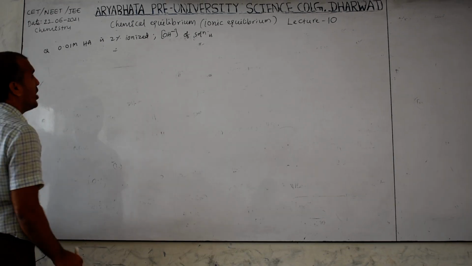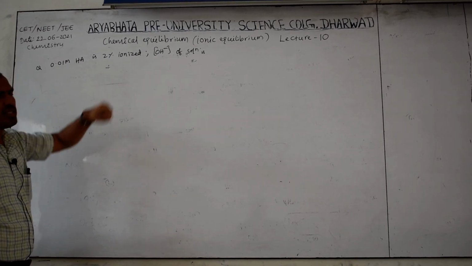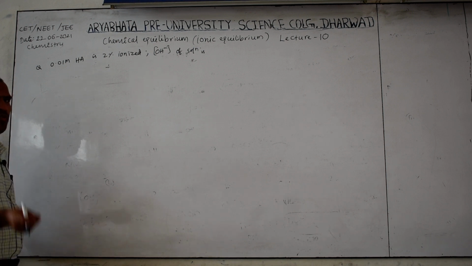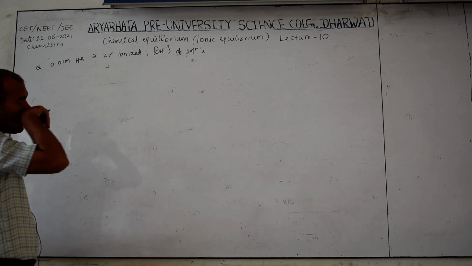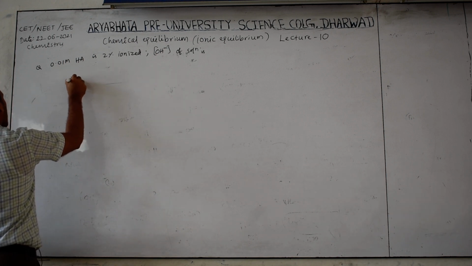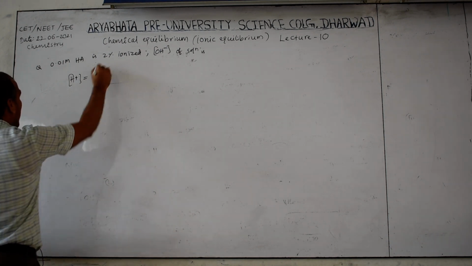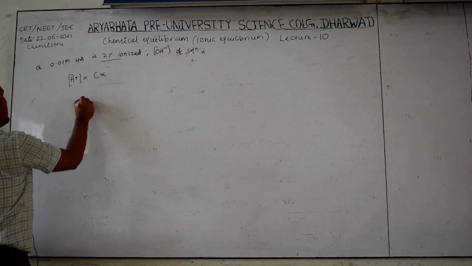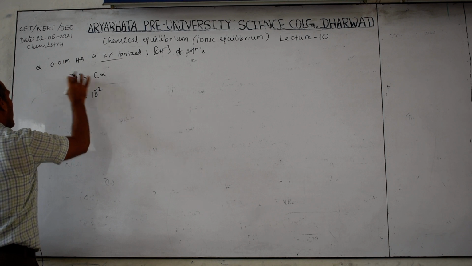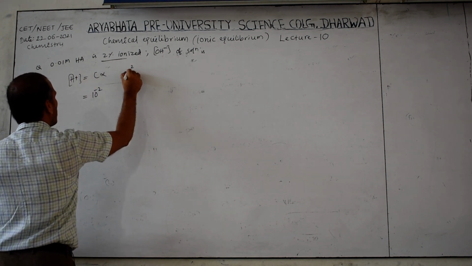Now consider the OH minus ion concentration, how to calculate? Here an acid is given, but they are asking for OH minus. If you know the H plus ion concentration, then only can you calculate the OH minus ion concentration. Therefore, the H plus ion concentration is C alpha, because alpha is given here. C is 10 power minus 2, and 2% means 2 by 100.